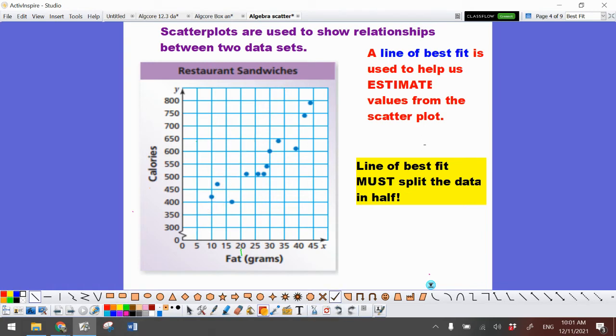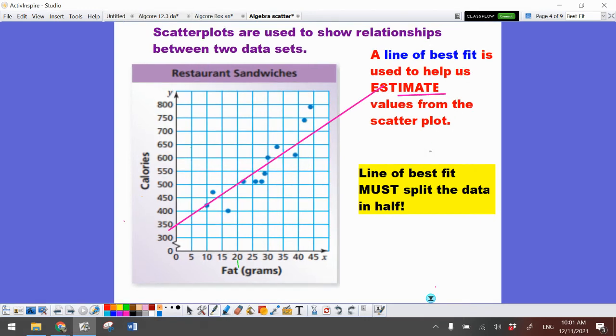I want to think about if I was to lay a ruler across my data, where would that be? Now, your line may look different than my line because it is an estimate. You just have to try to find the middle and make a best guess.